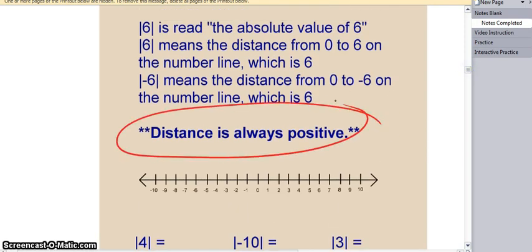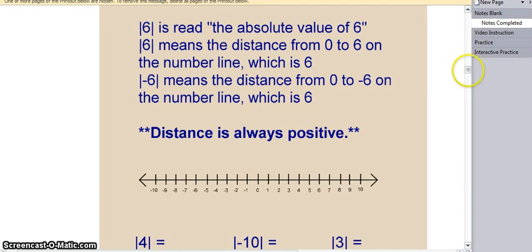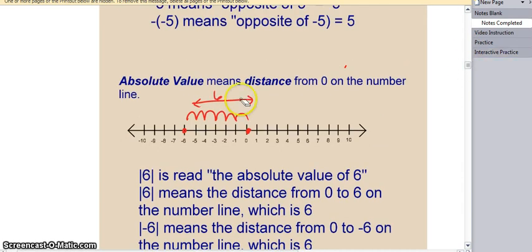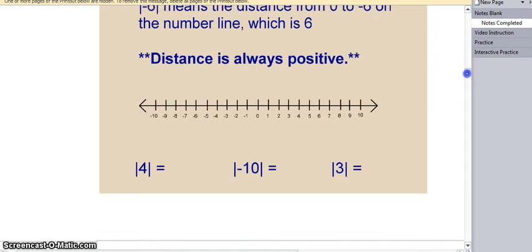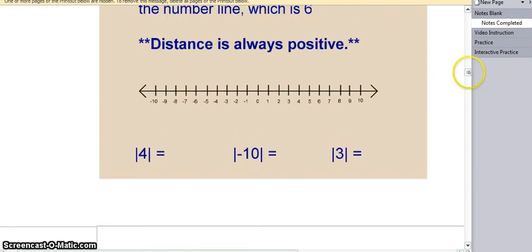Distance is always positive. That's different than direction. Direction can be negative or positive. So if we look back up at the top here, direction can be positive or negative. But the distance between numbers is always going to be positive. So when we're talking about distance, we're talking about absolute value.